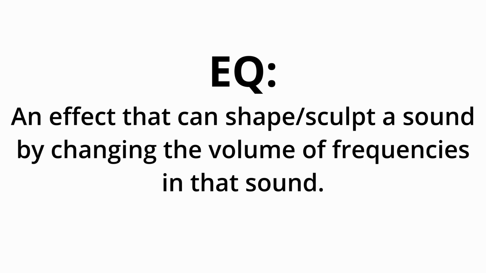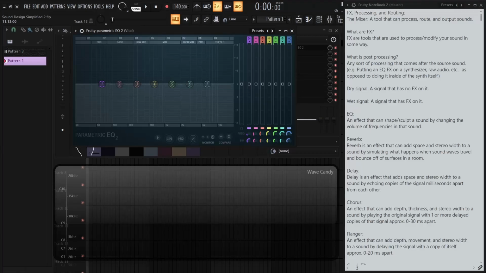An EQ is an effect that can shape or sculpt a sound by changing the volume of frequencies in that sound. For example, let's say I want less high frequencies and more low frequencies. So I would use this high shelf and just bring it down wherever I want and put this low shelf up. And here's my sound.